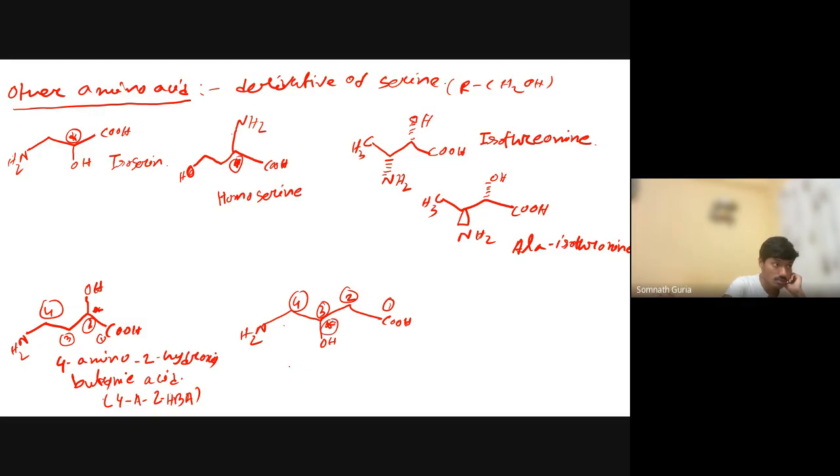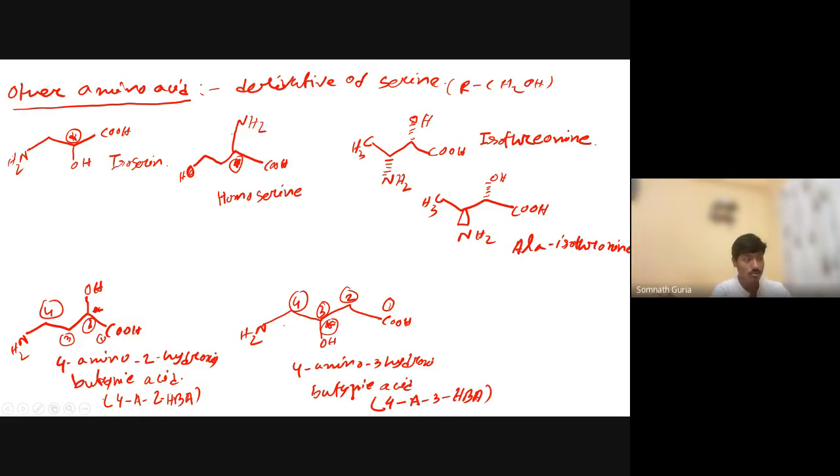This is named 4-amino-3-hydroxybutanoic acid, also called butyric acid. In short form, it is called 4A3HBA. This is also found in the asteroids.